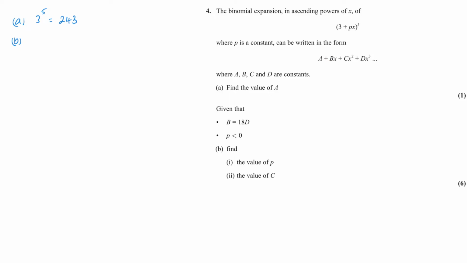So that's going to come from 5C1 times 3 to the power 4 times px to the power 1. Okay, so that's going to be what my b equals. So that's going to be 5 times 3 to the power 4. So that's 405 px.